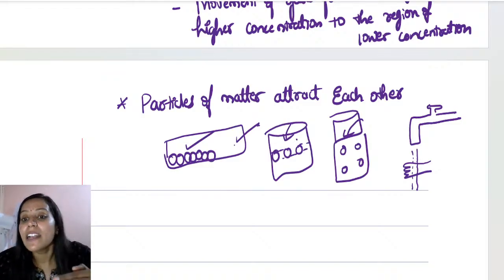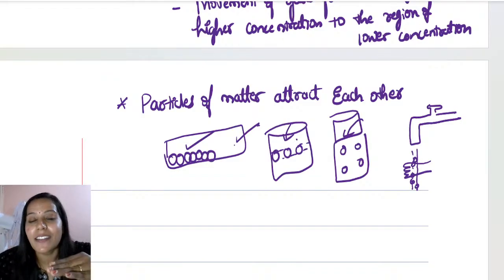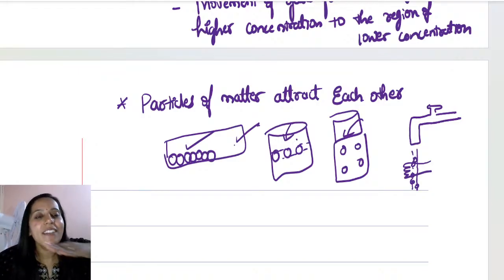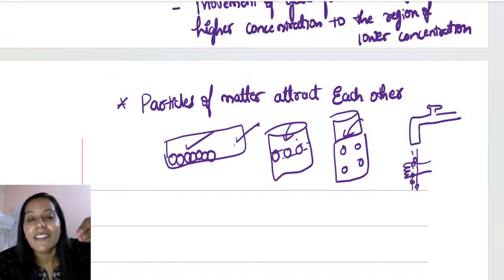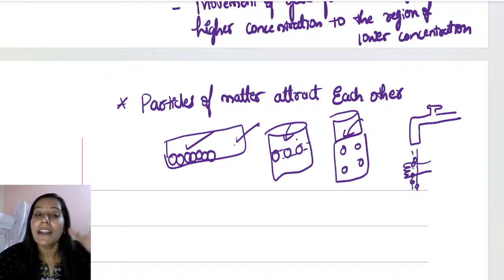Why? Because the particles of the water have some attraction. Even if you pass your fingers or your palm in between the water, you can make the water stop for a while, but immediately the water keeps moving. Why? Because the particles of the water have attraction between them.